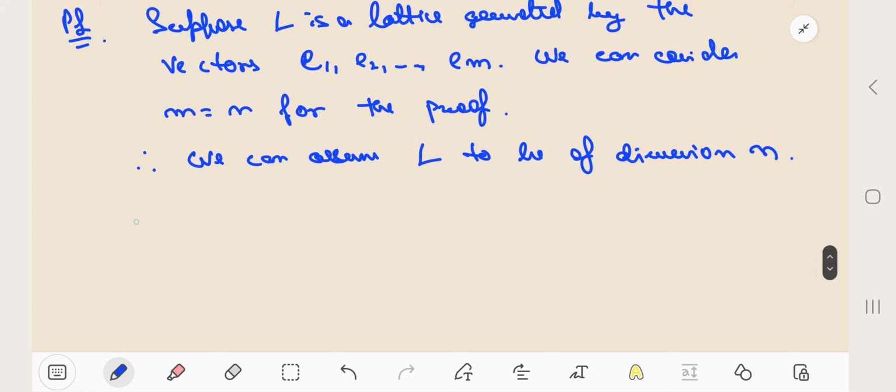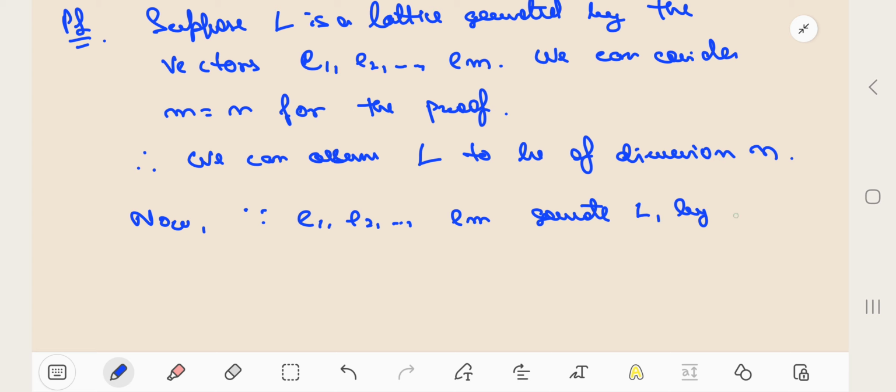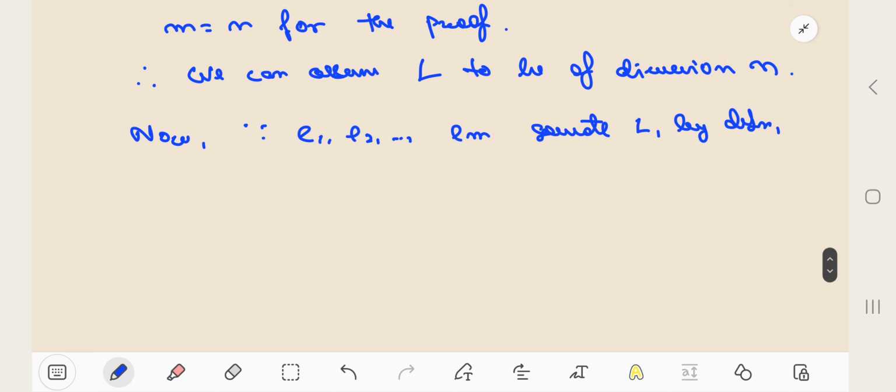Okay. Now since E1, E2 till Em generate L, then by definition these are linearly independent vectors. So E1, E2 till Em, sorry, now I am using n in terms of m.